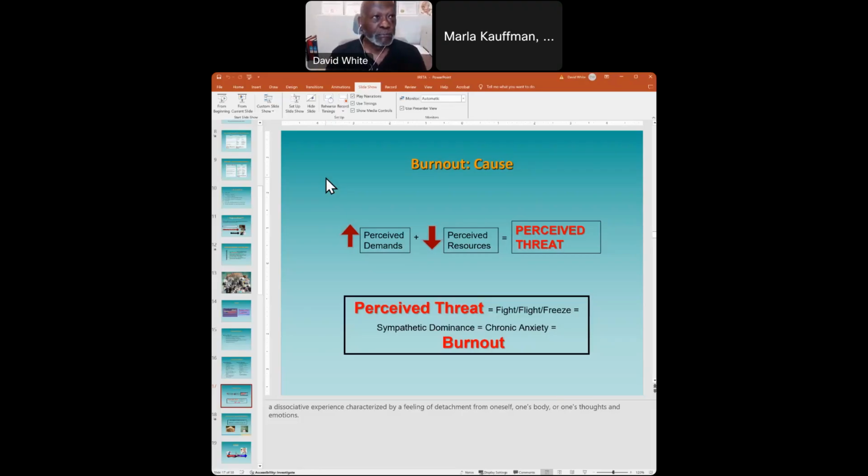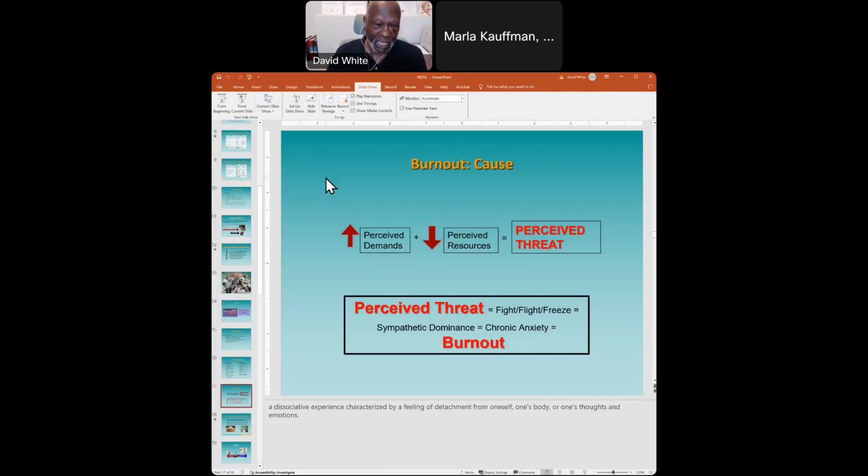Actually, let me back up a moment. Every human being has to have an active autonomic nervous system. So activation of your sympathetic nervous system is not bad. You couldn't live without it.